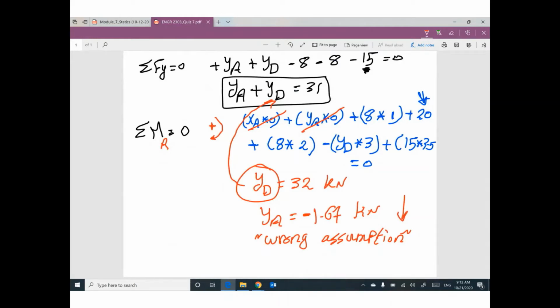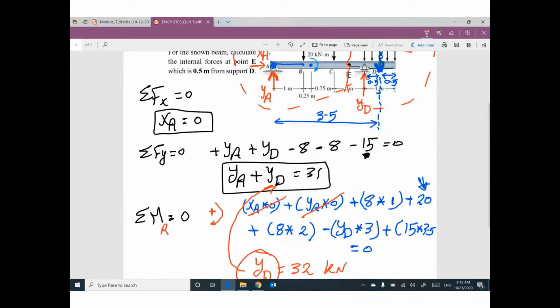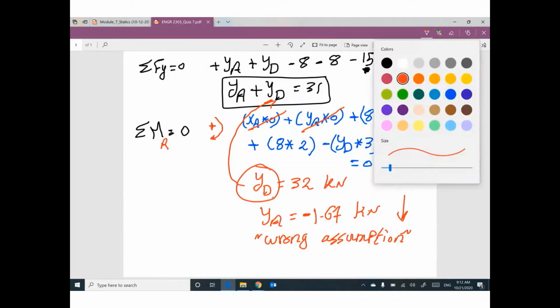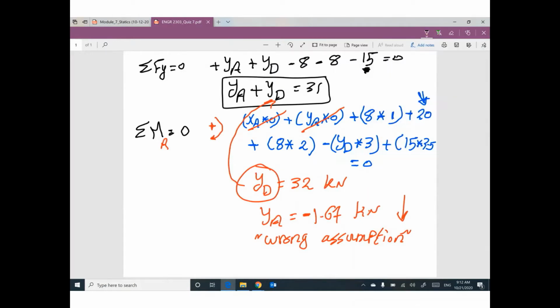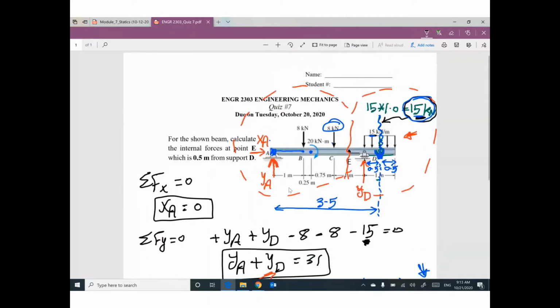If you set up your reactions correctly, the second step, make your cut. Decide which side you are going to use. Guys, when you are doing your cut, please, because I'm going to assume you are cheating, draw the part you are talking about.